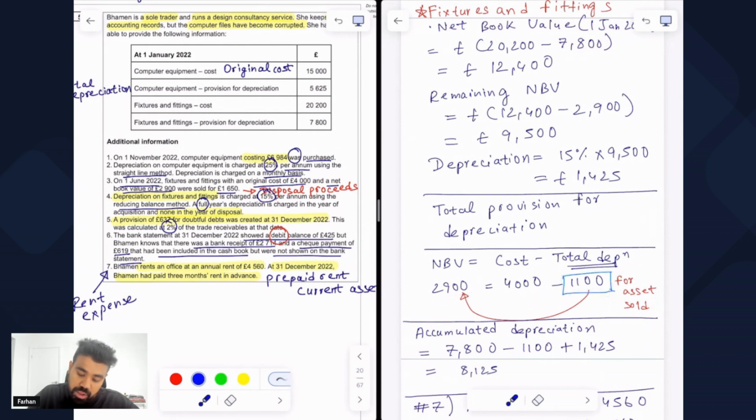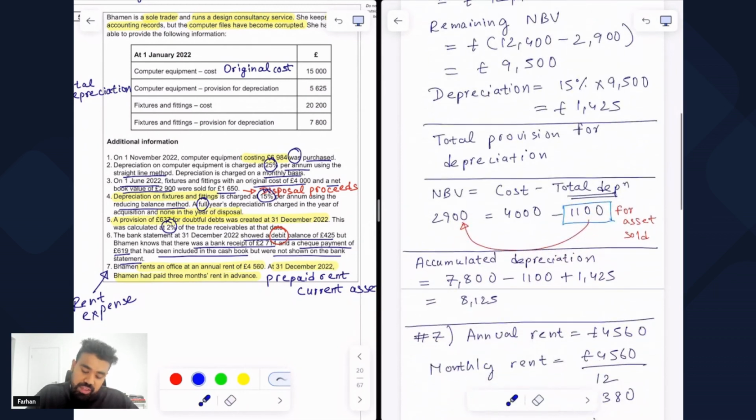So just some simple algebra that gives us the total depreciation for the asset that we have sold, which was 1,100 pounds. Okay. Now, I want to find the accumulated depreciation for the remaining fixtures and fittings that we still have in the books. To begin with, I started with the opening balance that we have been provided, which is 7,800 pounds taken from the table here.